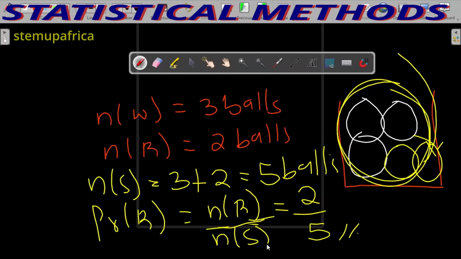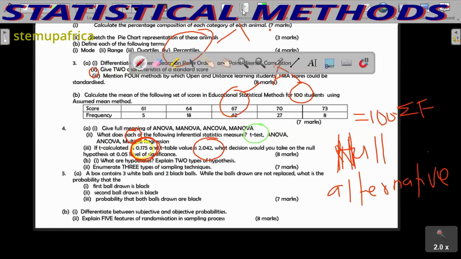Sir, can you help me with the explanation again, please? Okay. Now, let's go back to the question. It says a box contains 3 white and 2 black balls, and the balls drawn are not replaced. That means, let's say you have 5 balls in a bag, you took one out, you didn't put it back.